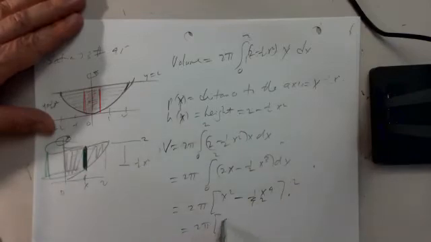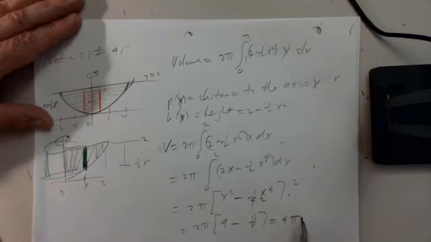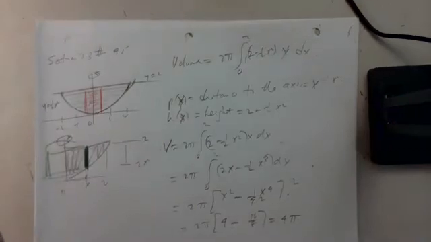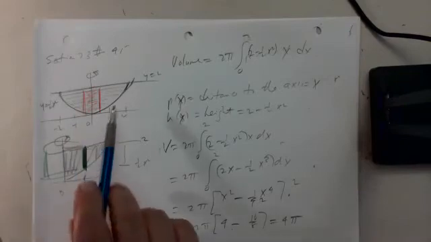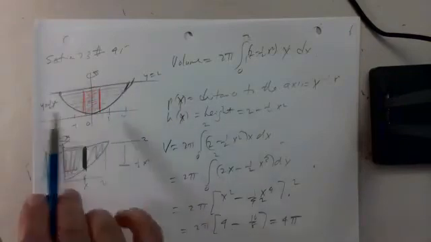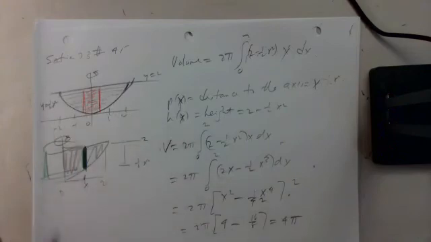This is 2 pi times 4 minus 2 to the 4th over 8, which is 2. So this is 2 pi times 2, or 4 pi. If I did this calculation correctly, the volume of this entire object is 4 pi.